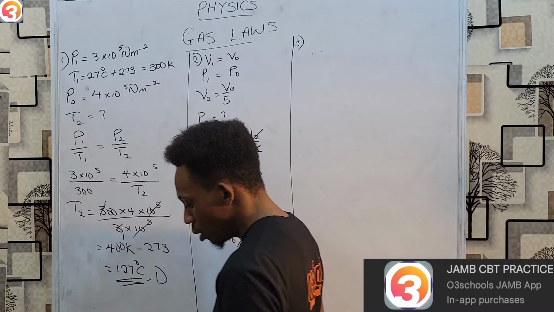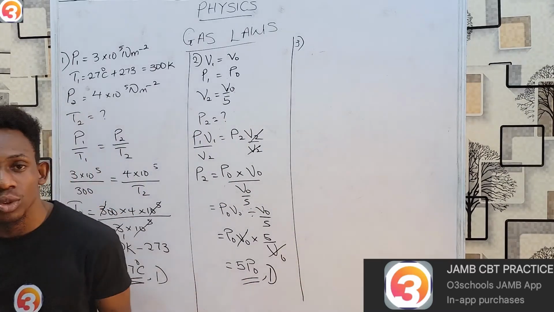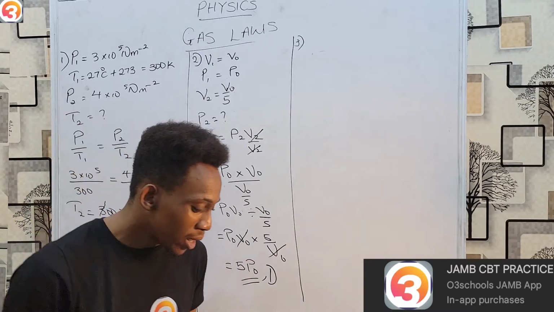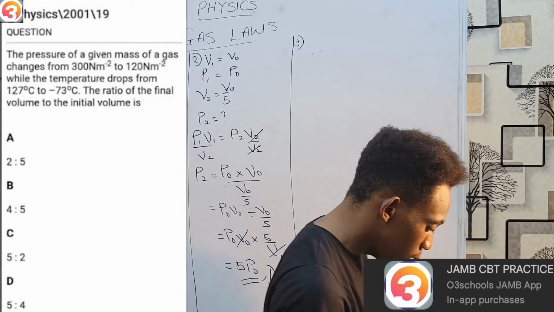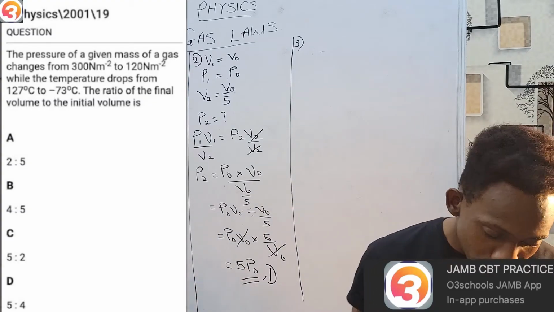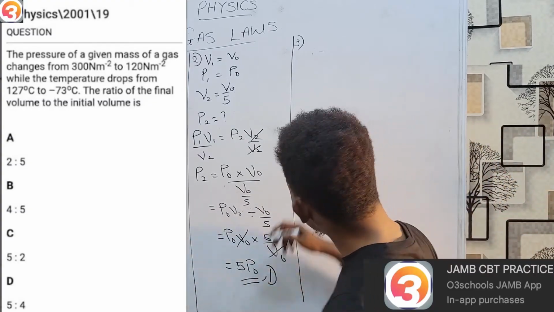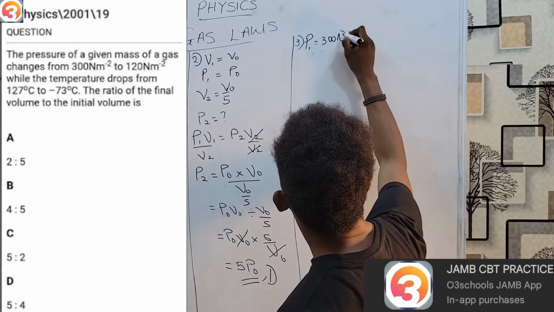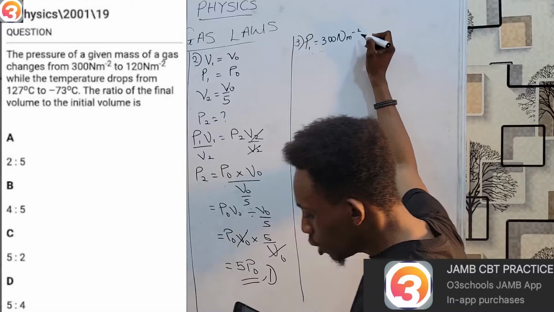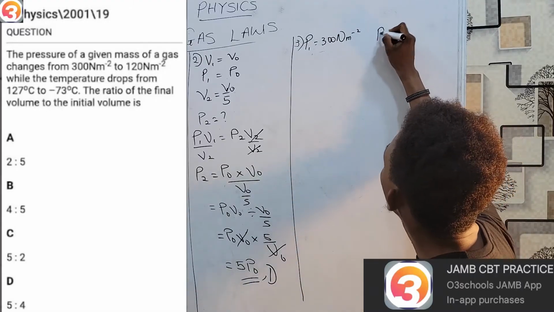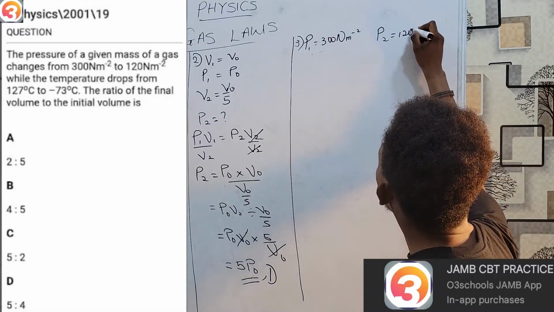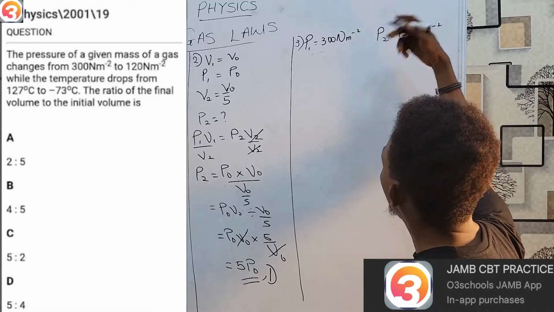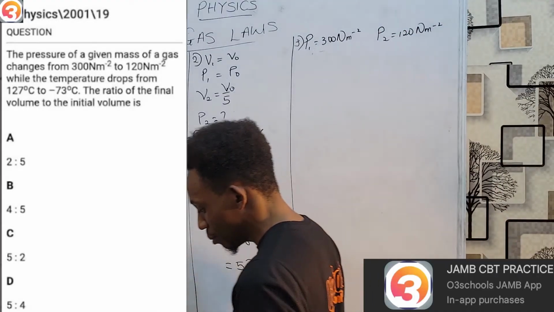Question 3. This one is from the year 2001, question number 19. The pressure of a given mass of a gas changes from 300 Newton per square meter to 120, so P1 is 300, P2 is 120.